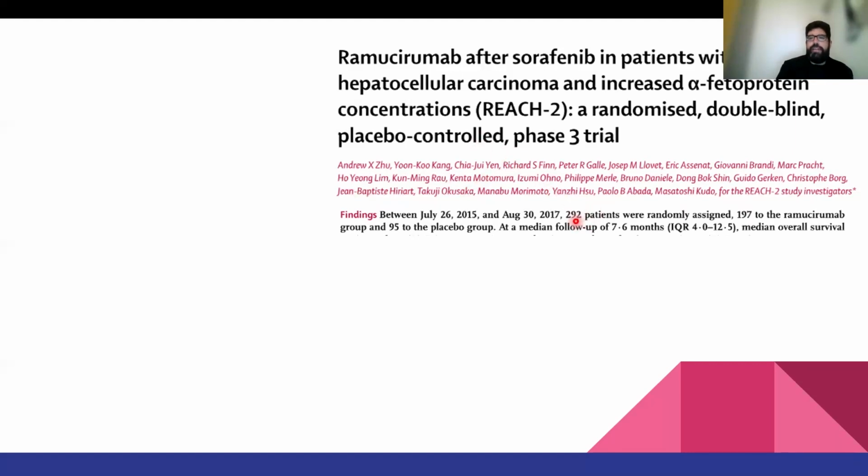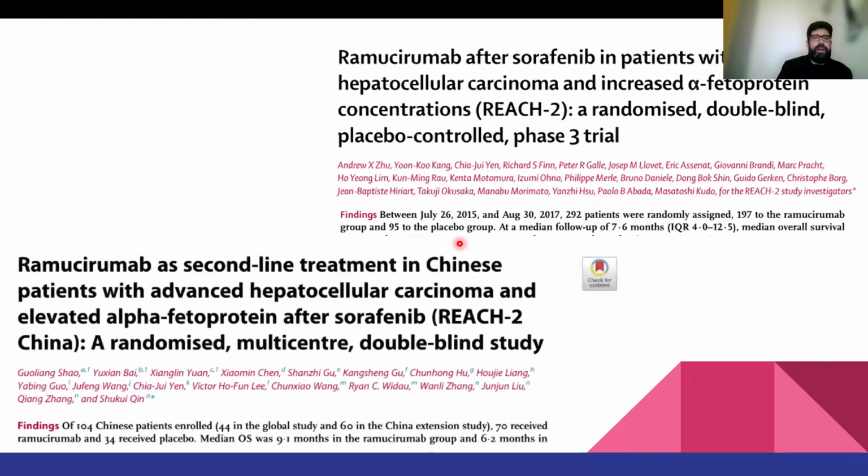They included 292 patients, 187 to the ramucirumab group and 95 to the placebo group. And then updating the review, I found this other study, REACH2 China, where they include 104 patients, but oh surprise, of these 104, 44 were included in the global study, and just 60 were new for this extension study.